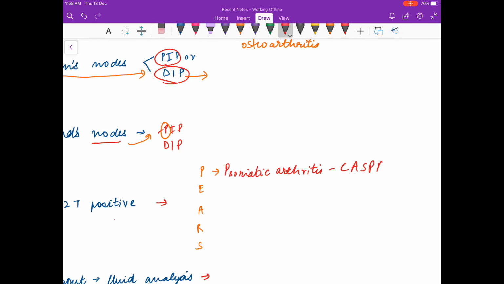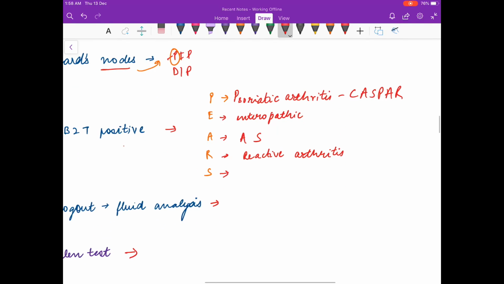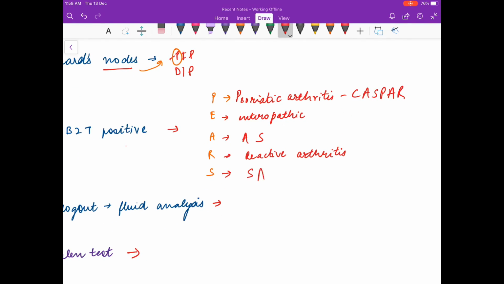CASPAR criteria. Enteropathic arthritis, ankylosing spondylitis, reactive arthritis. So these all diseases are positive for HLA-B27.